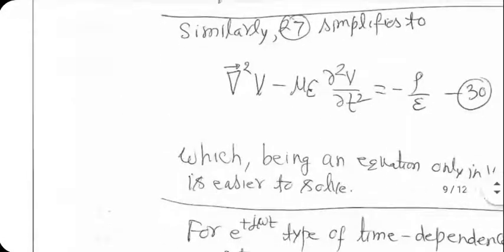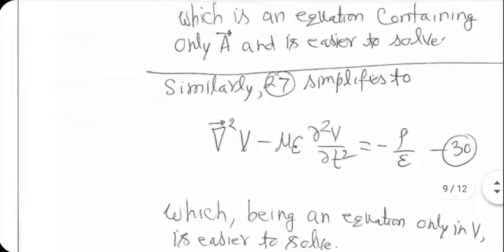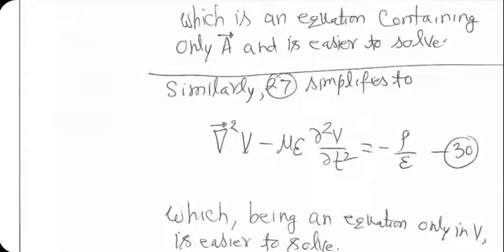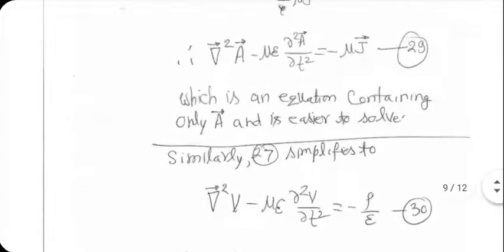You get equation 30. So what has happened is Lorentz-Gauge condition has helped us in coming up with independent equations for A and V, assuming that we are interested only in retarded potential type of solutions. And you also see that A is purely dependent on J and V is purely dependent on rho, which is nice to know.